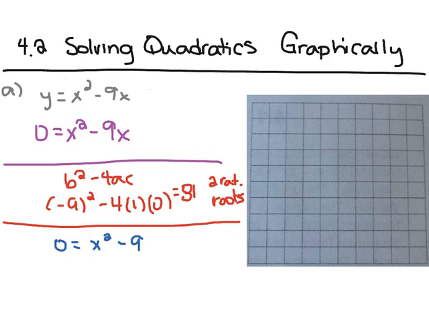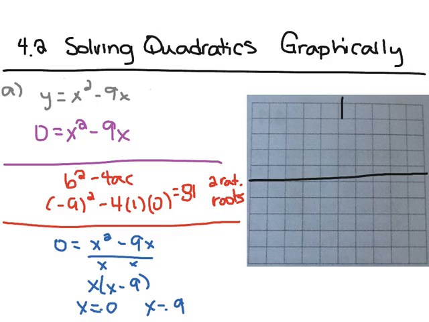Because we have two rational roots, we know we can factor normally, so we're going to take out an x. So we have x minus 9, so x equals 0, or x equals 9. We know it's positive, so it's going to open up. So when we graph it, it's going to look something like this.